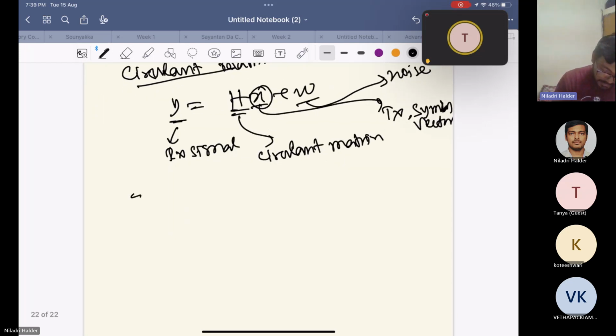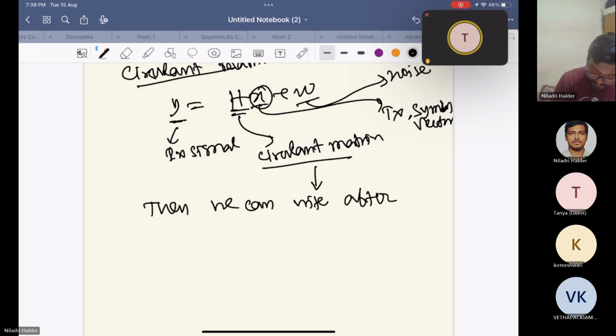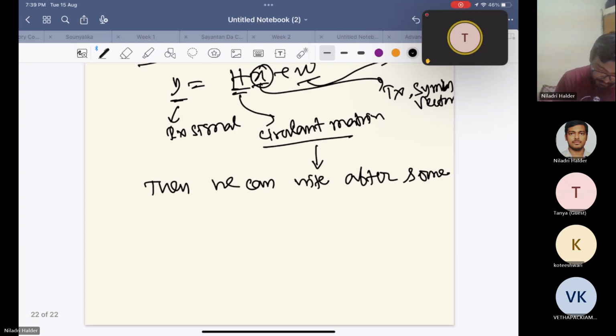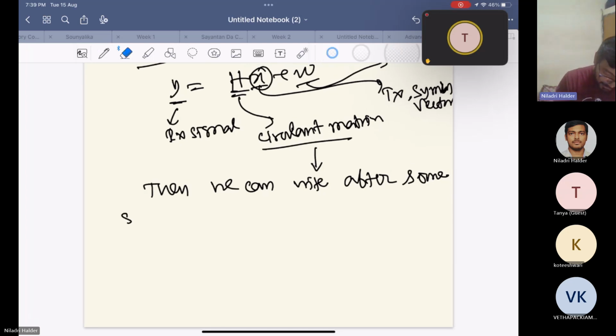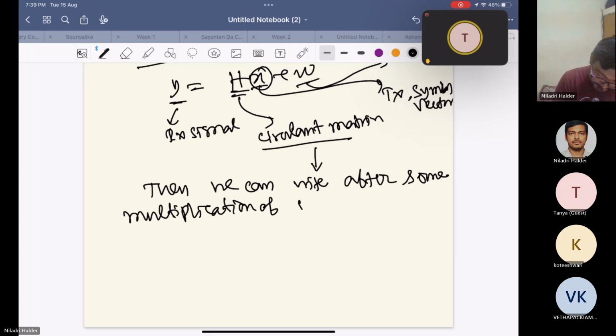So if this matrix is circulant, then after multiplication by transform matrices at the transmitter and receiver, we can write each element separately.